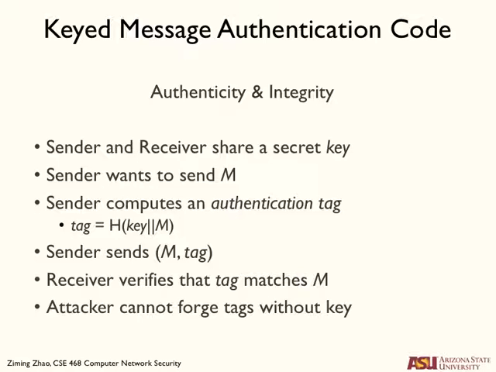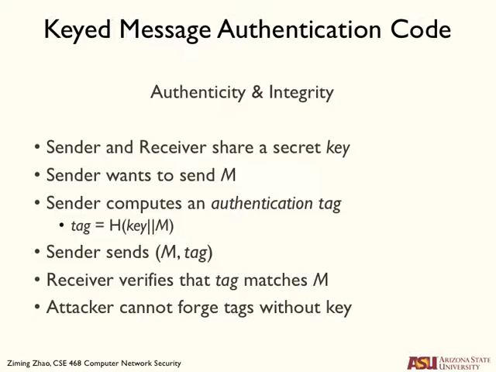When the sender wants to send a message, which we denote as M, the sender will compute an authentication tag: the shared key concatenated with the message is put as input to a hash function, and we generate a tag. The sender will send the message and the tag together to the receiver, and the receiver can verify if the tag matches this message by doing the same thing.